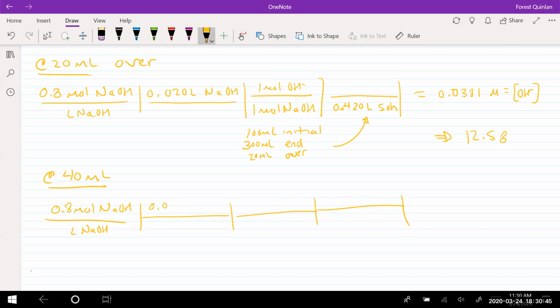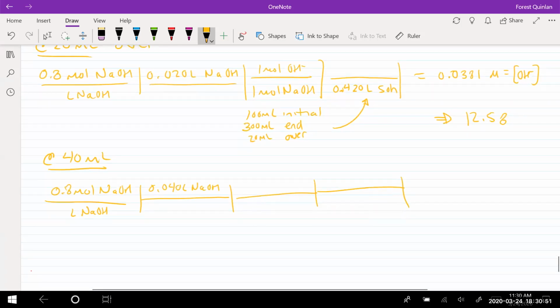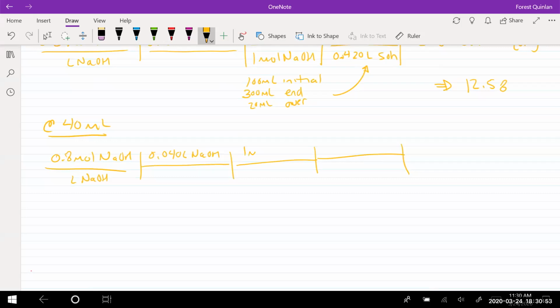Now we have 0.04 liters of sodium hydroxide. We know it's 1 mole of OH minus over 1 mole of sodium hydroxide. And that's now 0.44 liters of solution. We keep adding in the 20 mils.